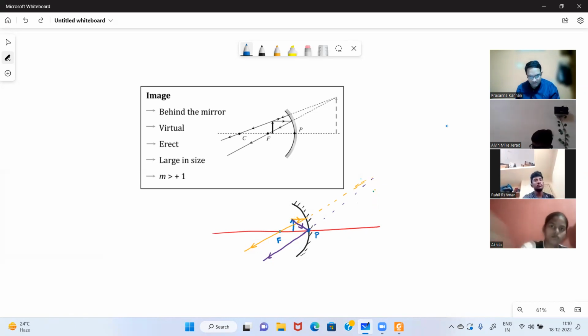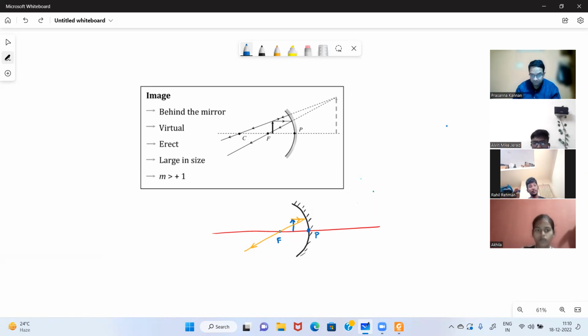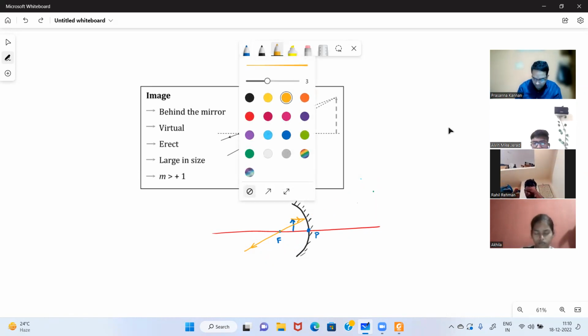Another way is, I will tell you. Instead of taking the ray at the pole, I can choose one more point, which is the line joining the center of curvature to the point.